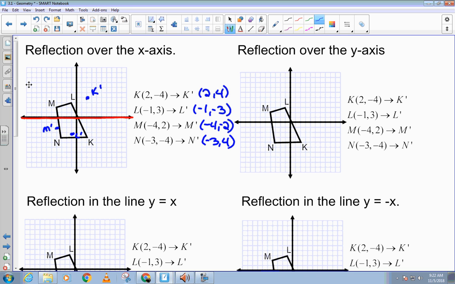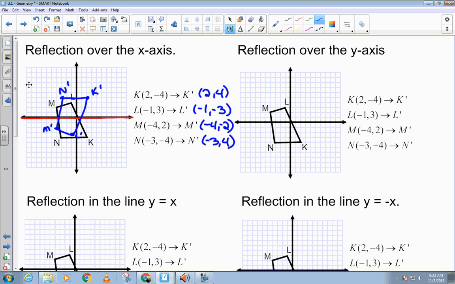Okay, let's test it. N is 1, 2, 3, 4 below, so 4 above. Okay, and that is at -3, 4. Perfect. Okay? So, there's a little rule for this.